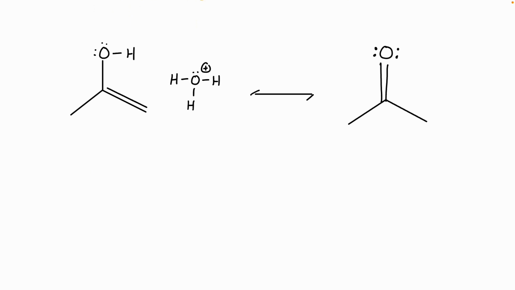I guess let's start there. The pi bond. And the electrophile is going to be that acidic hydrogen. So here's our first step. Boom.